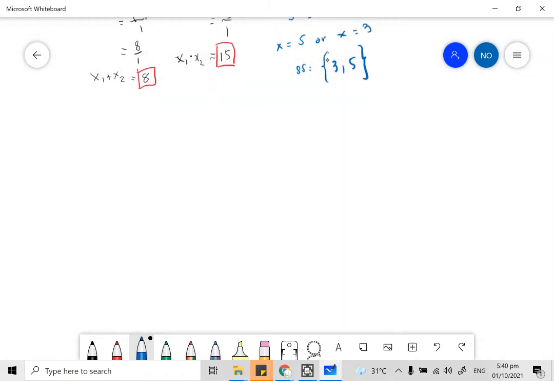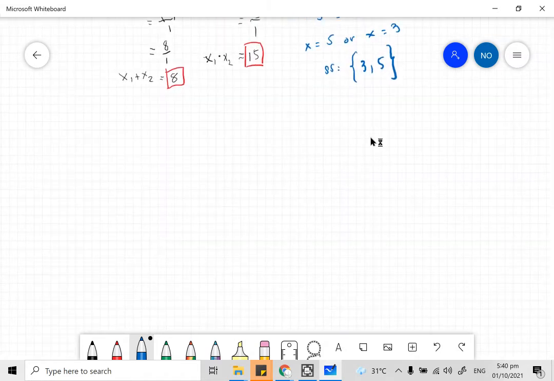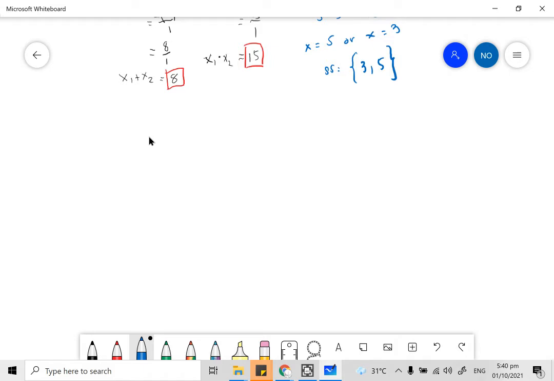Let's have example number 2. Number 2 natin, ang given natin ay 9x squared minus 9x plus 2 equals to 0.